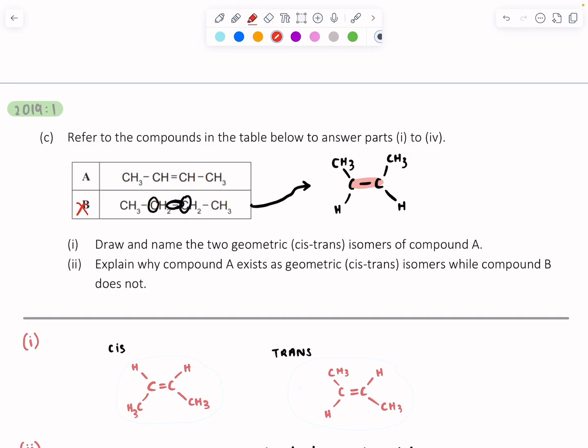And so what is the reason for the double bond that I talked about? The reason for a double bond is to stop rotation of these groups around these carbons. Because I don't have a double bond, I've only got a single bond, these groups of atoms can twist around into different orientations and form cis or trans in the one molecule. You cannot get a fixed cis and trans, okay?